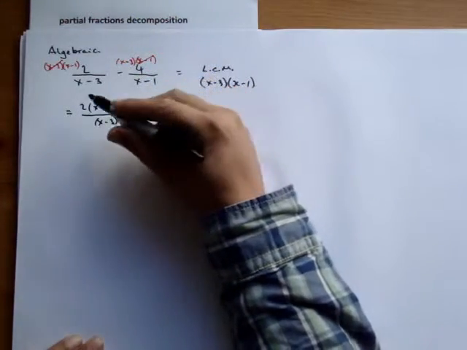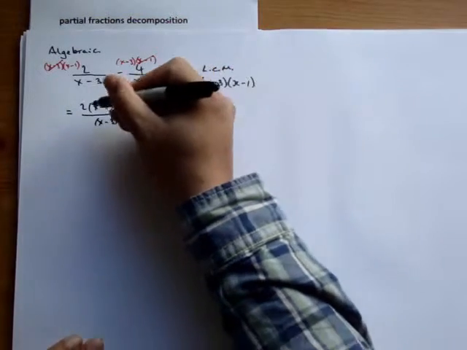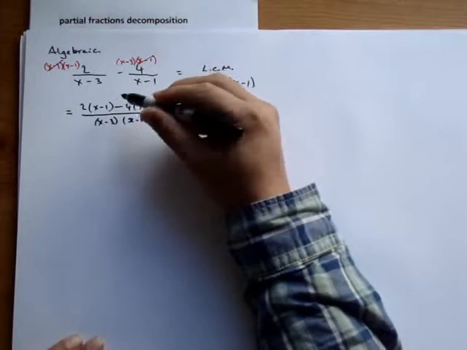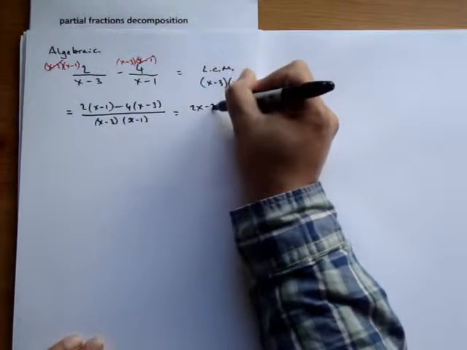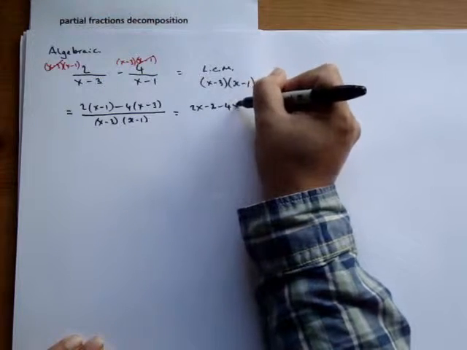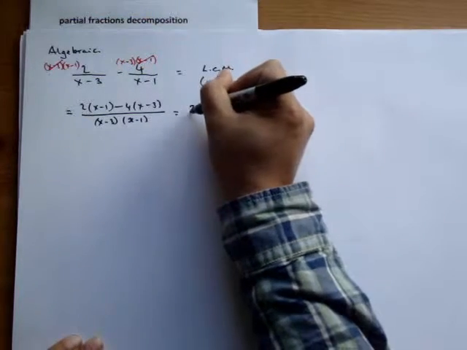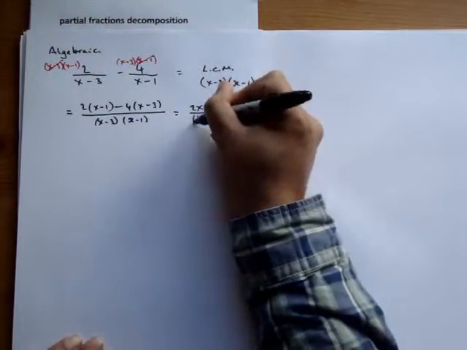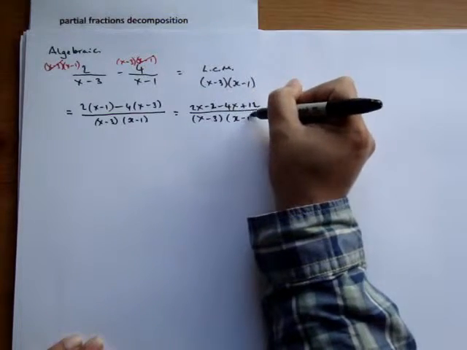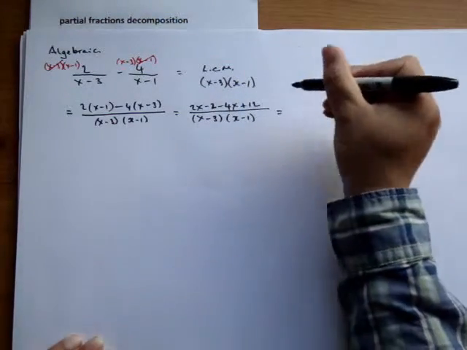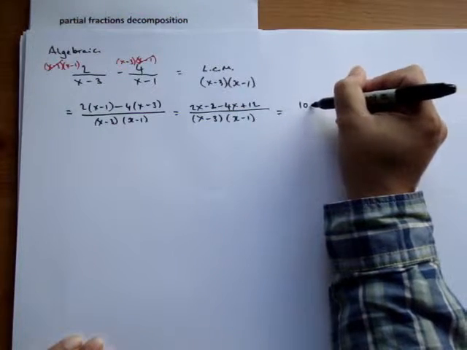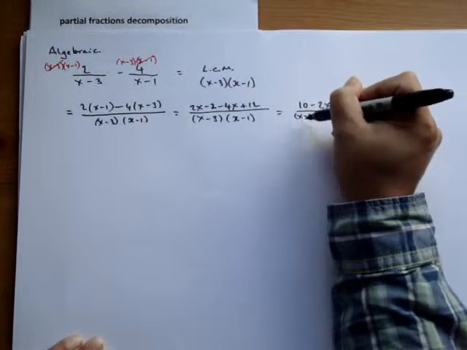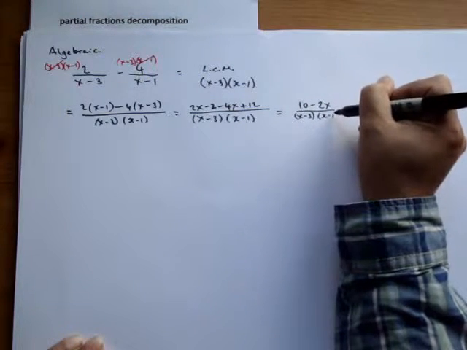When we get rid of the brackets, multiply out, we get 2 times x is 2x, 2 times minus 1 is minus 2, minus 4x plus 12, all over (x minus 3)(x minus 1). Then when we combine like terms, we get 10 minus 2x all over (x minus 3)(x minus 1).